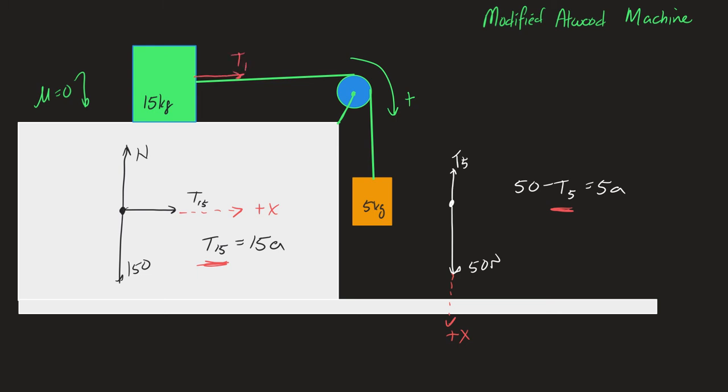T15 acts this way, which means it acts on the pulley this way. T5 acts this way, which means it also acts on the pulley, but this way. Those two tensions act on the pulley.